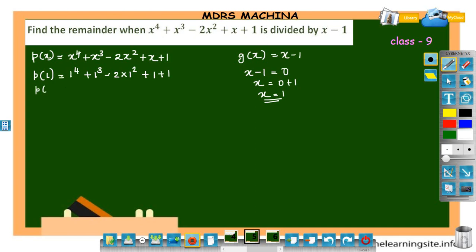So 1 to the power 4 is 1, 1 cube is 1, minus 2 into 1 square is minus 2, plus 1 plus 1. Now group the positive numbers together: 1 plus 1 plus 1 plus 1 is 4. Minus 2 into 1 is minus 2. So 4 minus 2 is 2. So the remainder is equal to 2. In this way we can find the remainder.